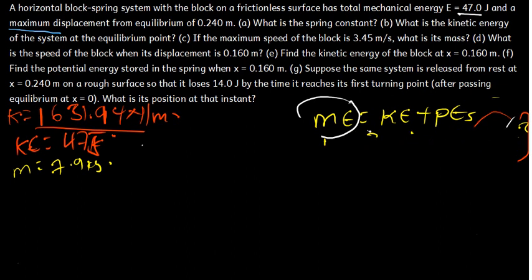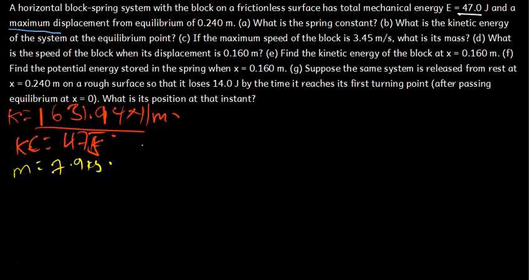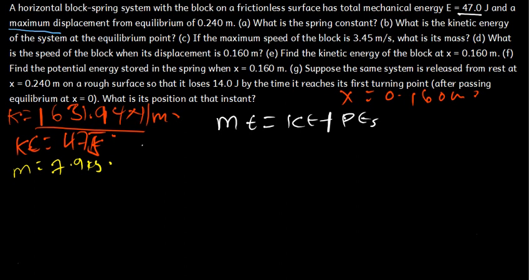Now we are trying to find the velocity. We want to find the velocity when x was equal to 0.160 meters. So first thing, we use the conservation of energy in a spring, which is the mechanical energy has to be equal to the kinetic energy plus elastic potential energy.